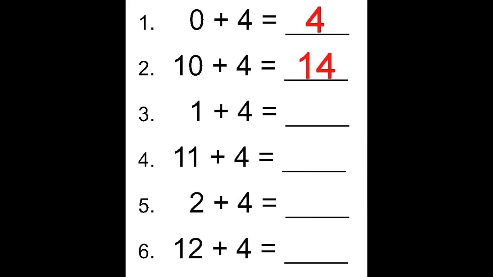Next is 1 plus 4. 1 plus 4 equals 5. And following that is 11 plus 4, 10 more than 1 plus 4. So 11 plus 4 equals 15, 10 more than 5. Last is 2 plus 4, which equals 6. So 12 plus 4 equals 16, because 12 is 10 more than 2.